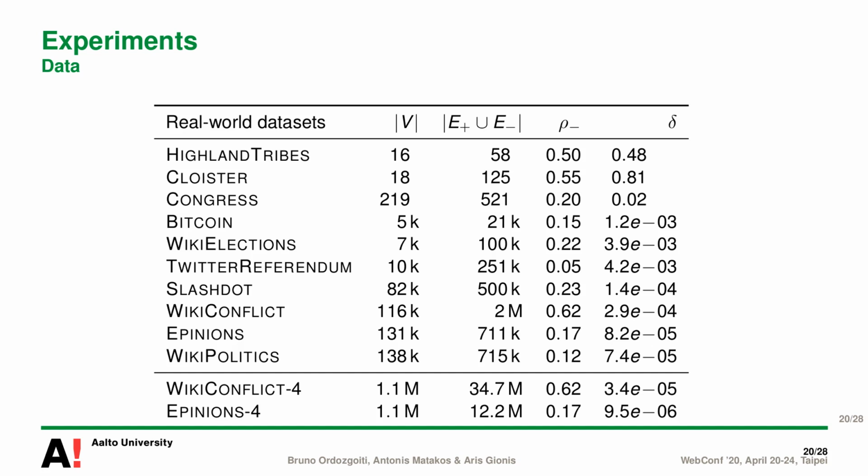So we cover a variety of sizes from very small, 16 vertices, to reasonably large, over 100,000 vertices, and we also artificially augment some of these datasets to evaluate the scalability of our methods, reaching up to 1 million vertices and 35 million edges.